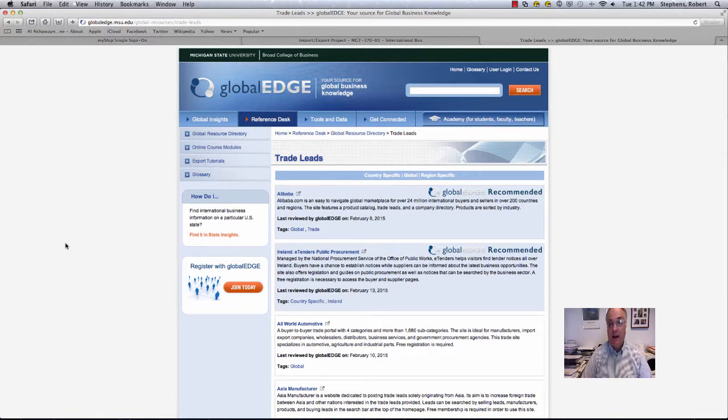And the first one that they have there is Alibaba. Now, Alibaba is a Chinese-owned website, kind of a variant of eBay, I guess, would be a way to think about it, but really at a business-to-business level.